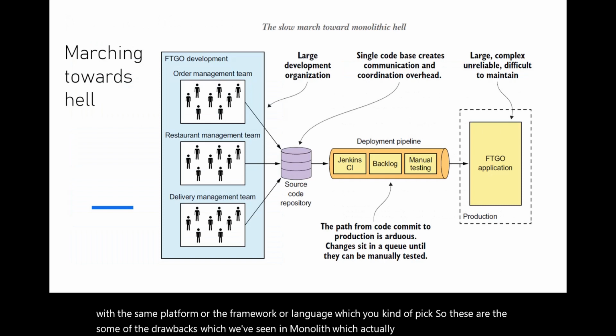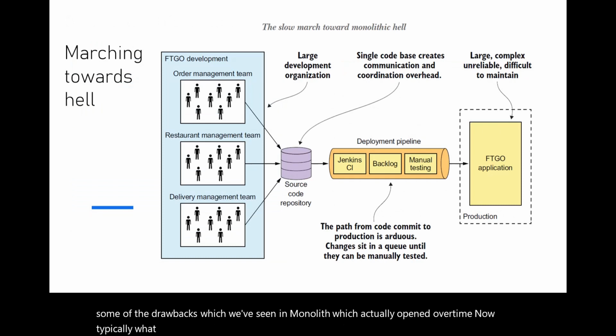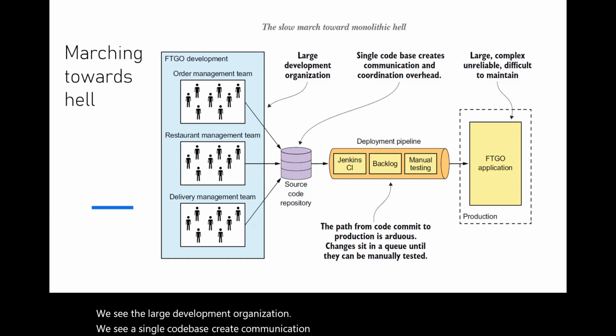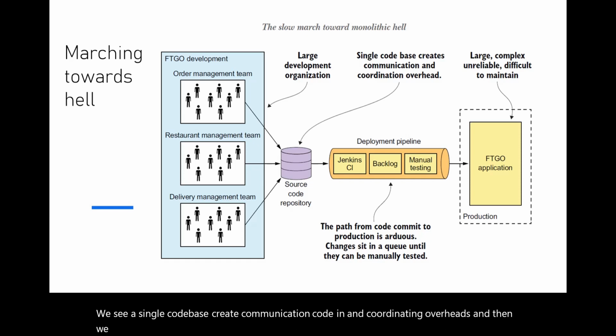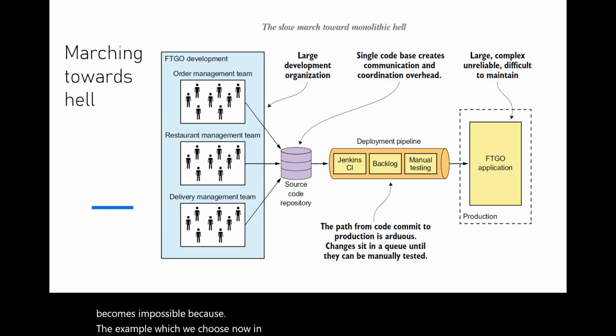Now, typically with monoliths we see we are marching towards hell. We see a large development organization. We see a single code base creating communication and coordination overheads. And then, obviously, it's large, complex, unreliable, and difficult to maintain. Over a period of time it just becomes impossible. In the example we chose, we have an order management team, a restaurant management team, and a delivery team.